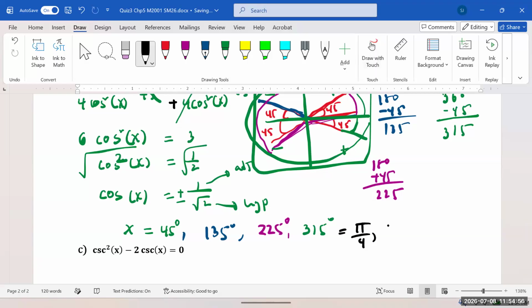What is 135? 3 pi/4. The next one, 225. 5 pi/4. 7 pi/4. Oh, wow. Did you notice something? It's 1, 3, 5, 7. Cool, cool.